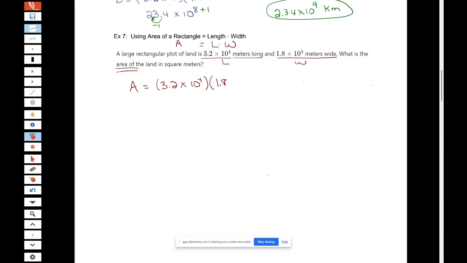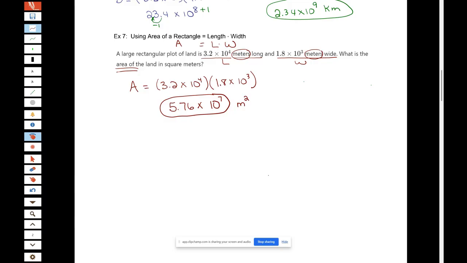Width is 1.8 times 10 to the third. 3.2 times 1.8 is 5.76. And then when I add my exponents, I get 7. And we keep in mind we're doing meters times meters, so that's going to be meters squared for our area.